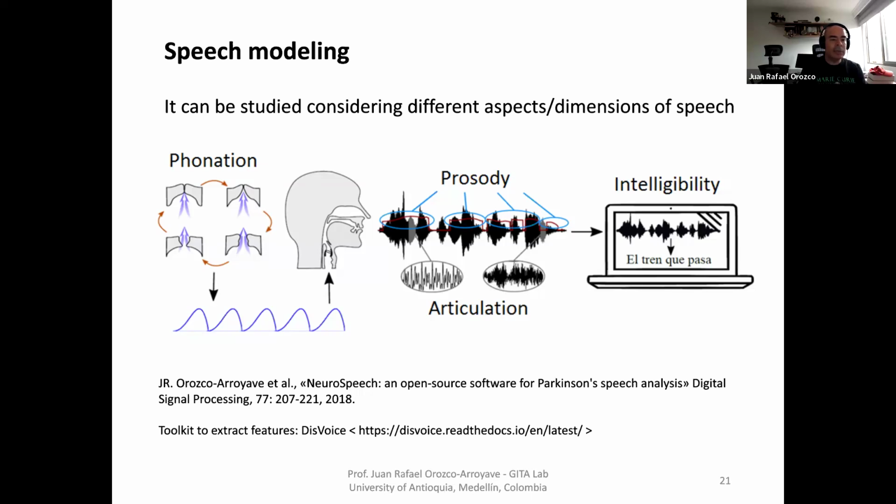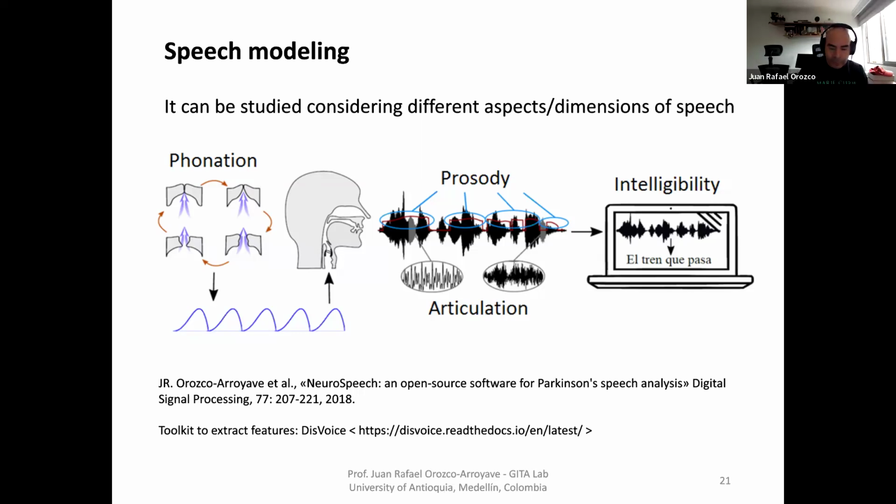And then you ask them, would you be able to evaluate these concepts in Parkinson's patients? And then they would say, no, because I'm not an expert on it, or I don't have enough time, or I didn't receive enough training on that. So I would refer the patient to a speech and language therapist.